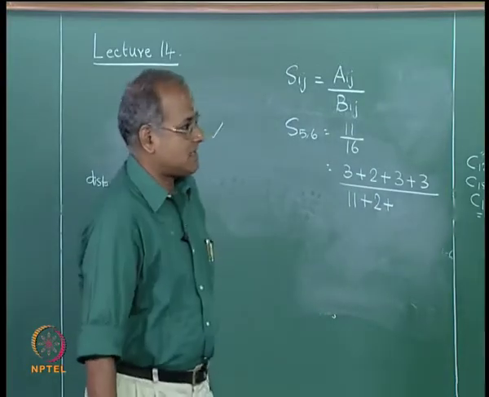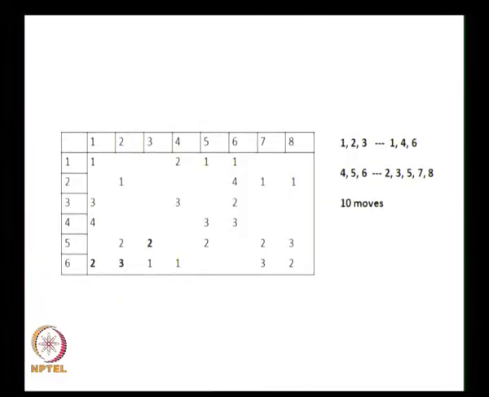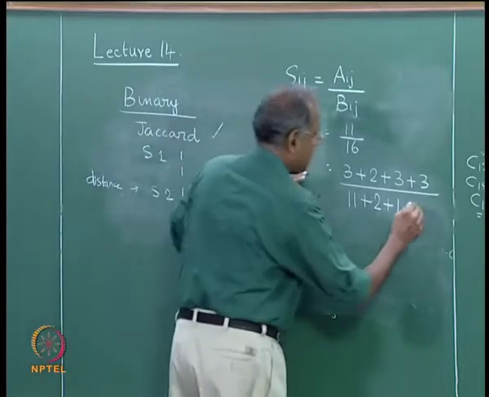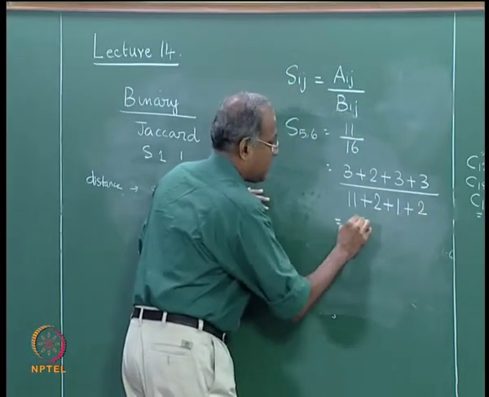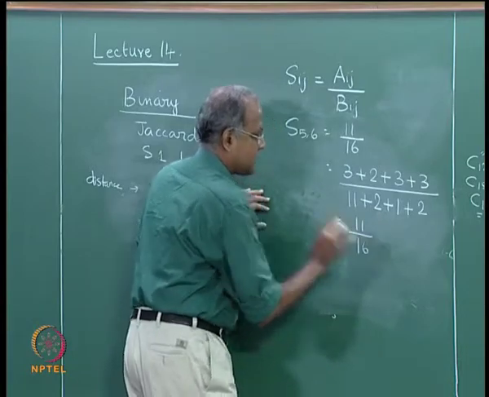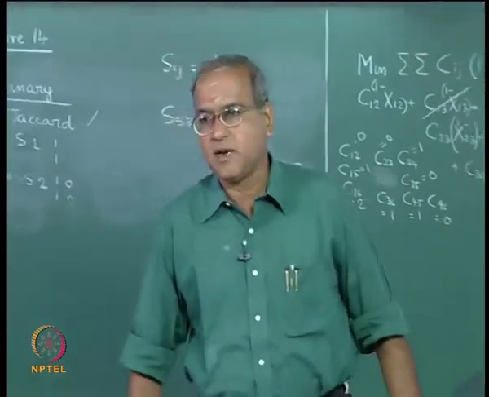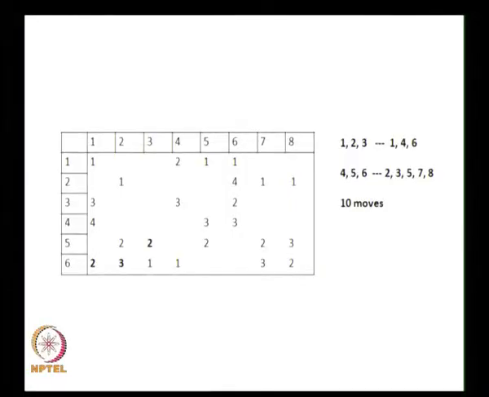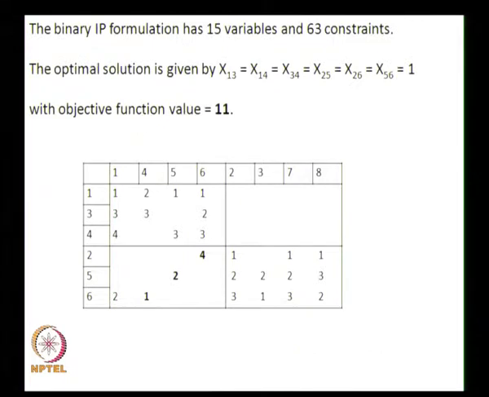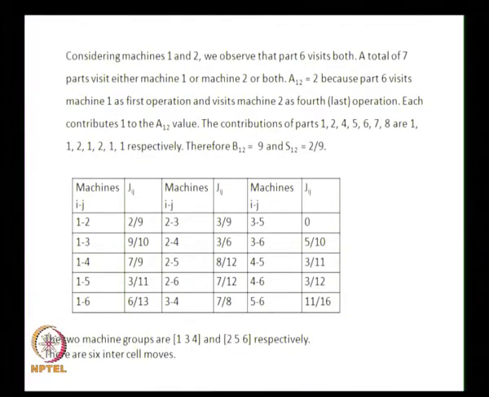Part 4 visits machine 6, but visits machine 6 as the first machine and will contribute 1. Part 5 visits machine 5, but visits as an intermediate machine and therefore, will contribute another 2. So, numerator is 11 and denominator is 16. So, this way we can compute the similarity coefficient matrix, which is now shown in this table.